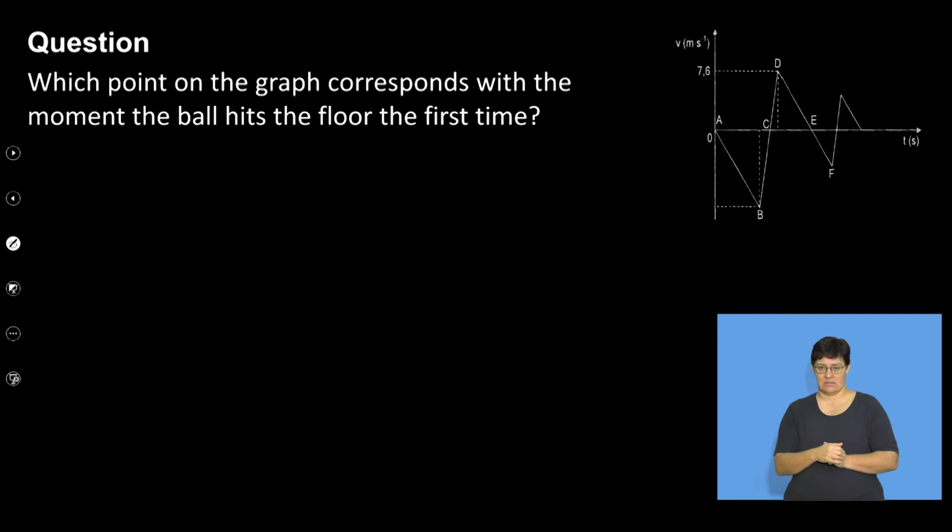Which point on the graph corresponds with the moment when the ball hits the floor for the first time? Here. That's when it's hit the floor. Between B and D, that's where it's spending time on the floor. So that's B. That's all they wanted, no explanation needed.